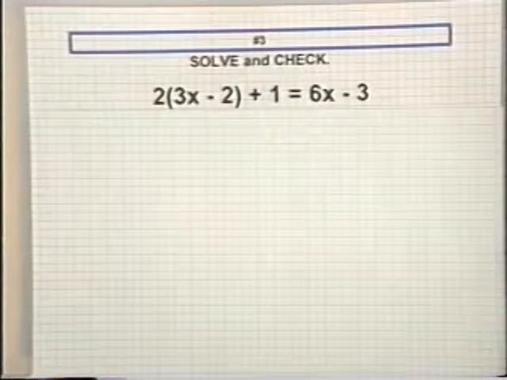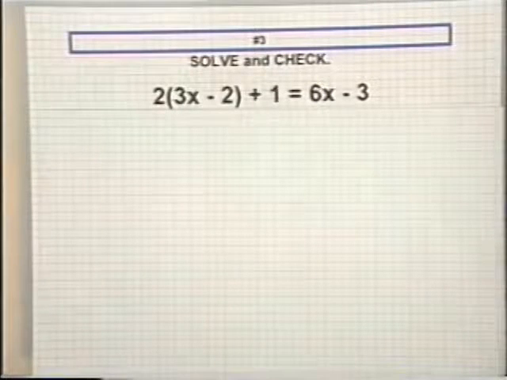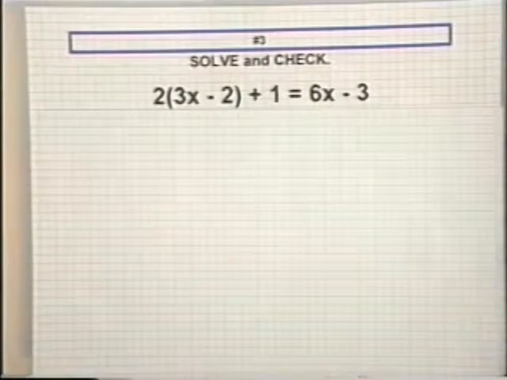Problem number 3. I would like for you to work this problem. After you have solved and checked the problem, I shall give you the correct solution and shall work and check the problem so you can check your work. Now please pause the tape and work the problem.